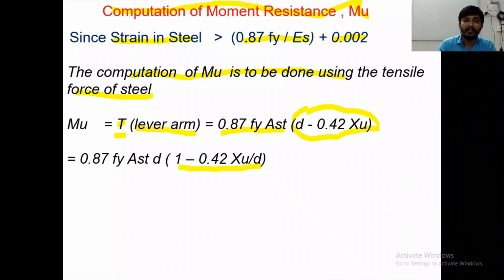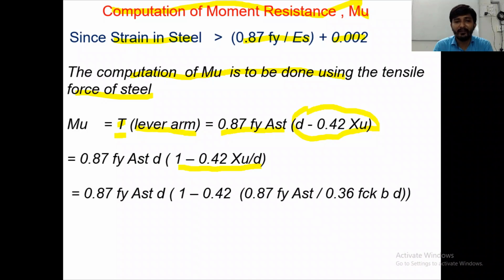If I further simplify this, I substitute this xu divided by d value from the previous equation. So 0.87 fy Ast into d into 1 minus 0.42 into 0.87 fy Ast divided by 0.36 fck bd. This value is substituted from the previous equation.